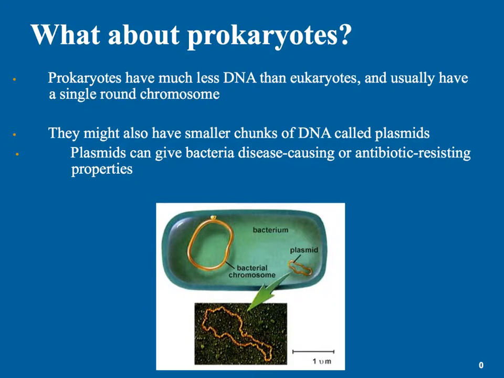So prokaryotes, again, have a single circular strand of DNA, and they also can have a smaller piece right here that's called a plasmid.